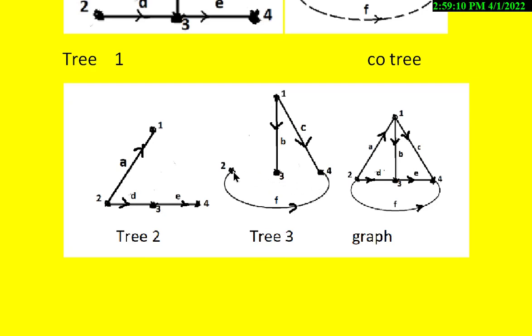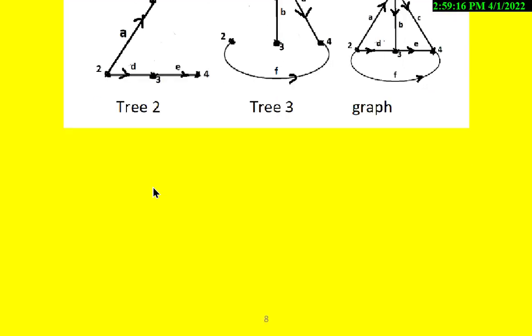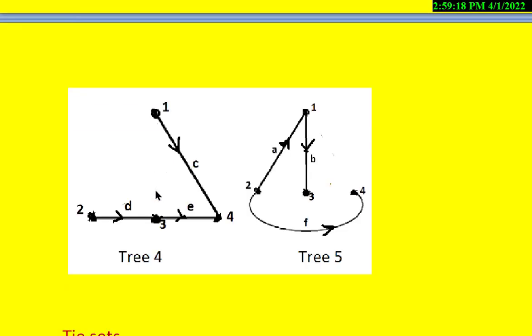So if you look at this, here also there is no closed path to circulate the current. Similarly, there is another tree which can be drawn for the given graph, that is like this 2, 3, 4, 1. They are connected like this, and between two nodes there exists an element, here D, here E, C, like this.